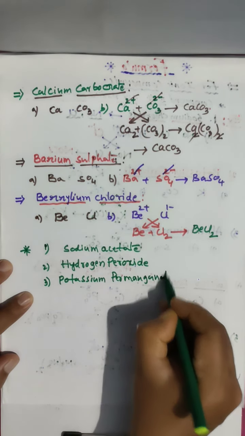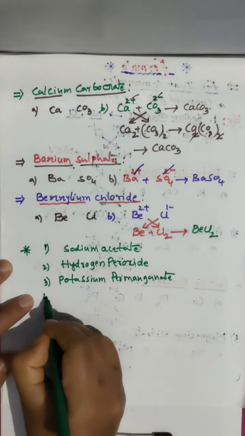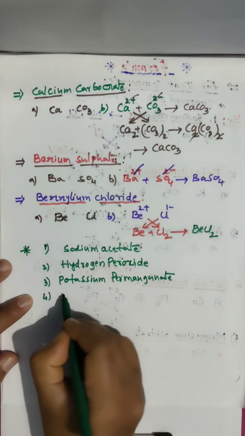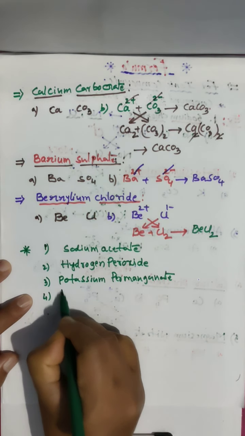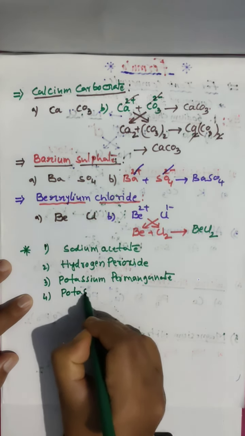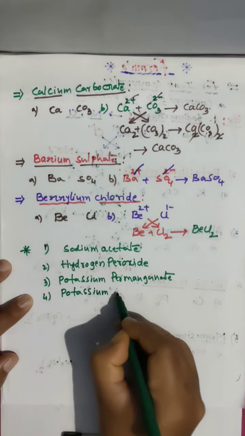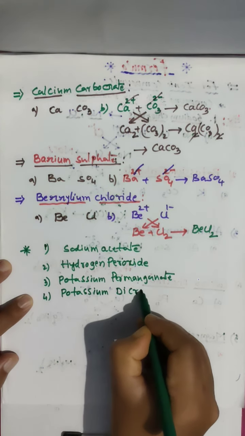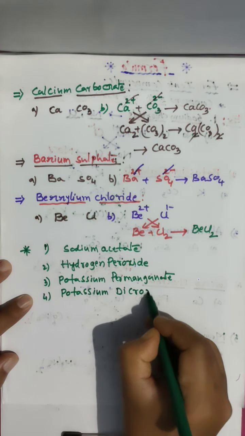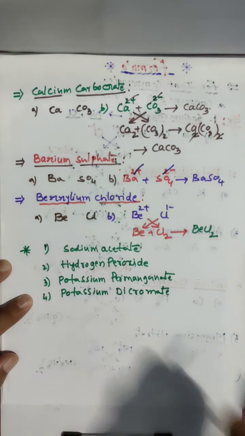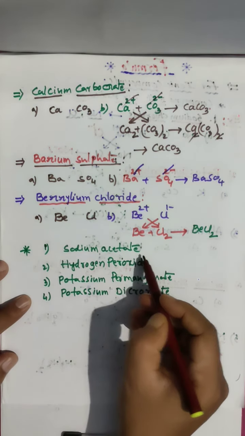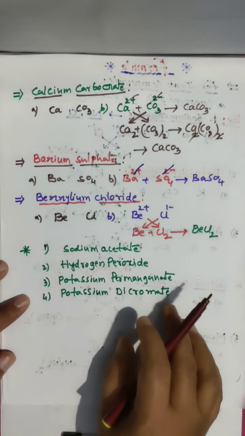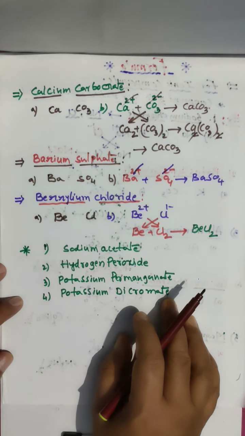Potassium permanganate. Next you have to write potassium dichromate. Try this 4 and write your answer in comment box, or if you feel any difficulty, put your question in comment box.